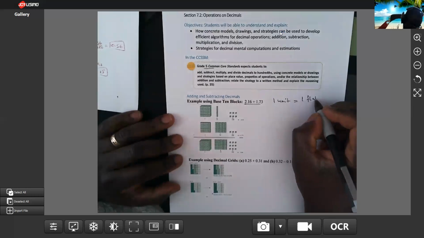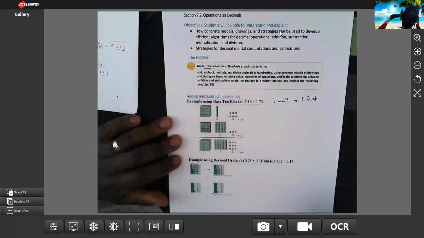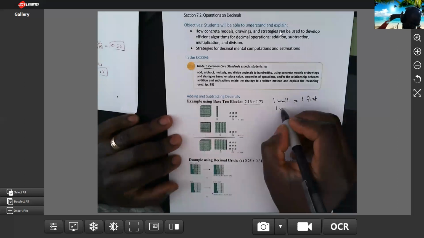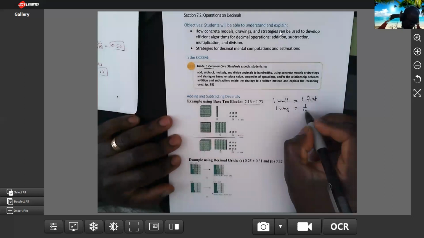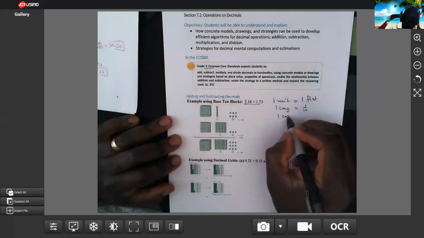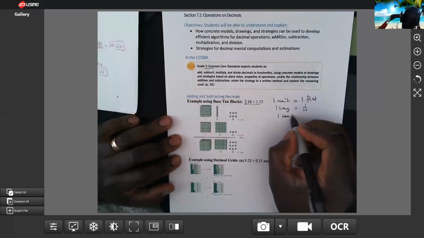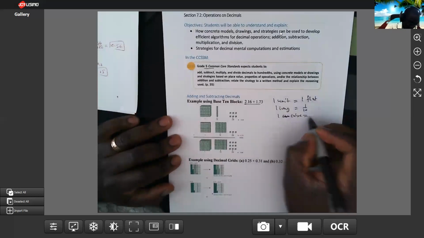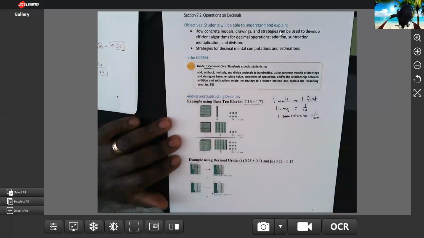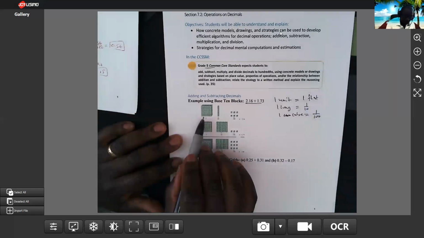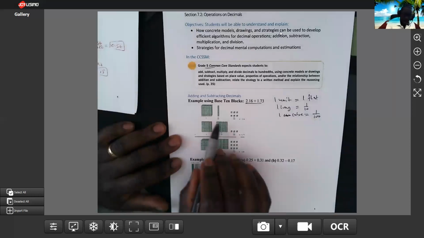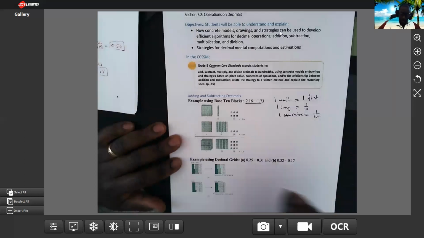Now, if 1 unit is 1 flat, what's the value of 1 long? That would be 1/10. What's the value of 1 cube? That would be 1/100th. So 2.16 is represented by 2 flats, 1 long, and 6 cubes.